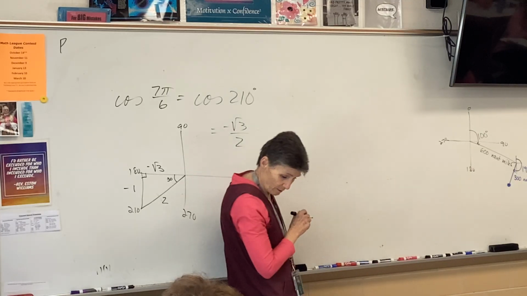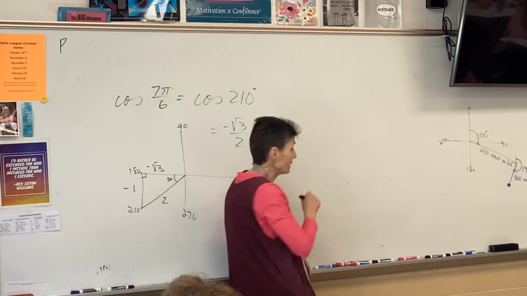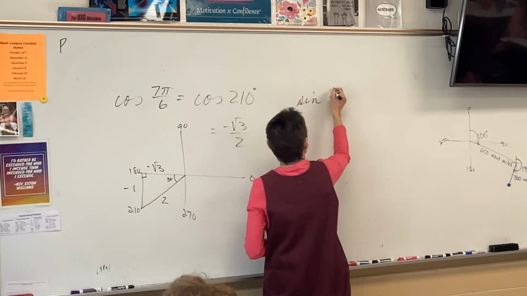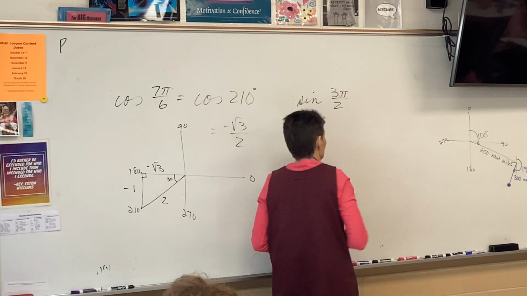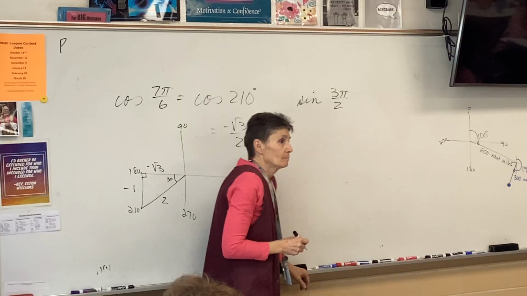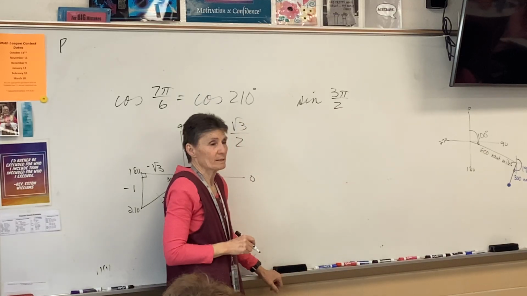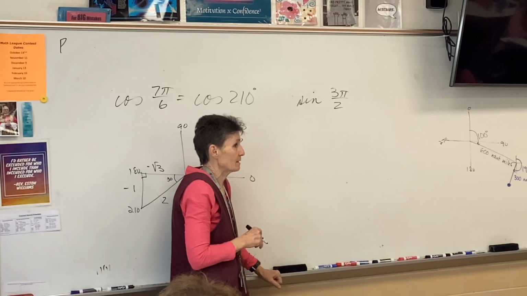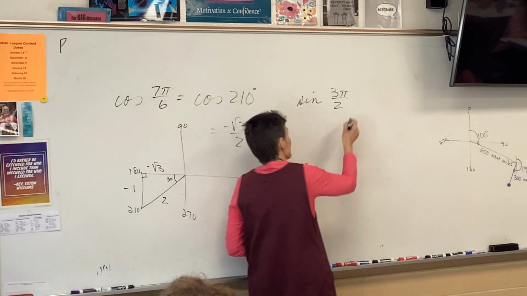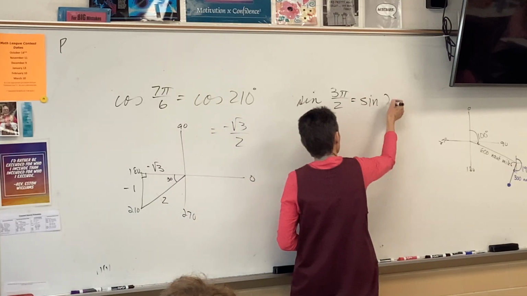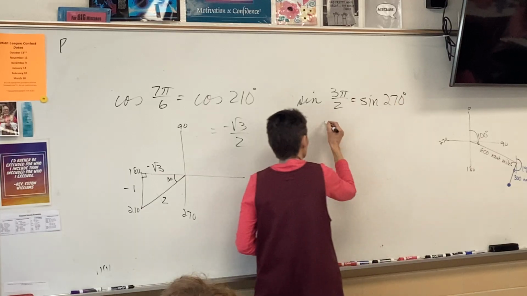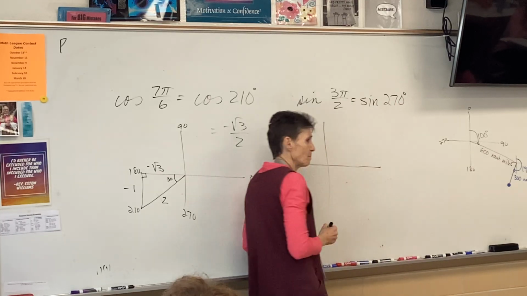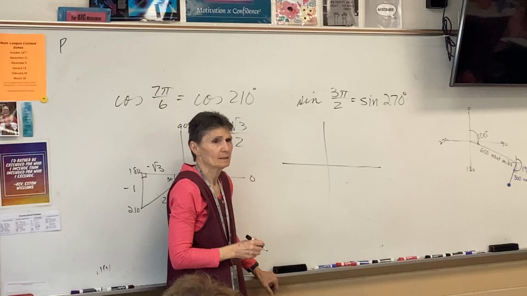All right, and then we've got sine 3 pi over 2. Same kind of problem. What's step 1? It's going to come out to be 270. What's a little special about 270?